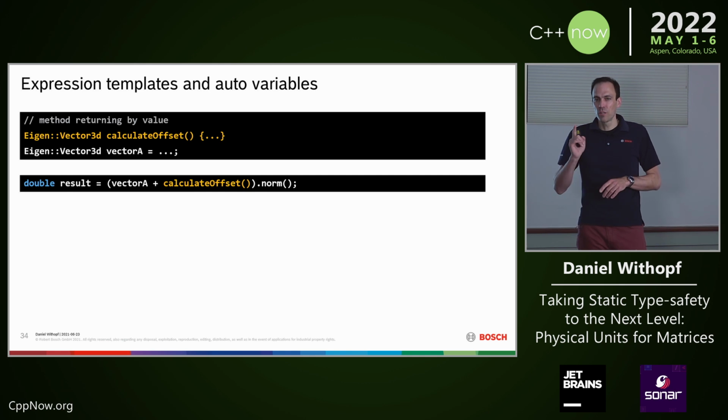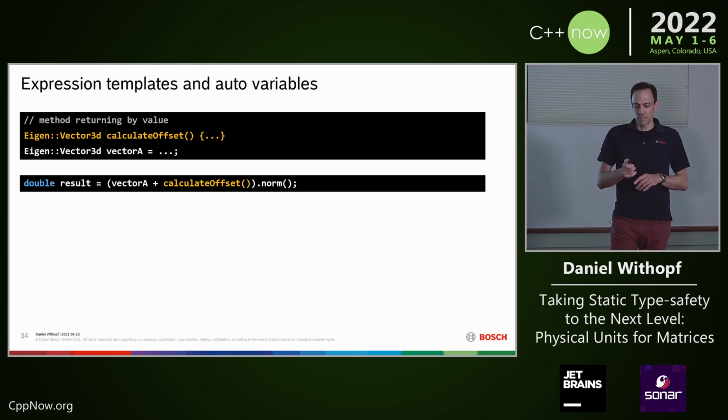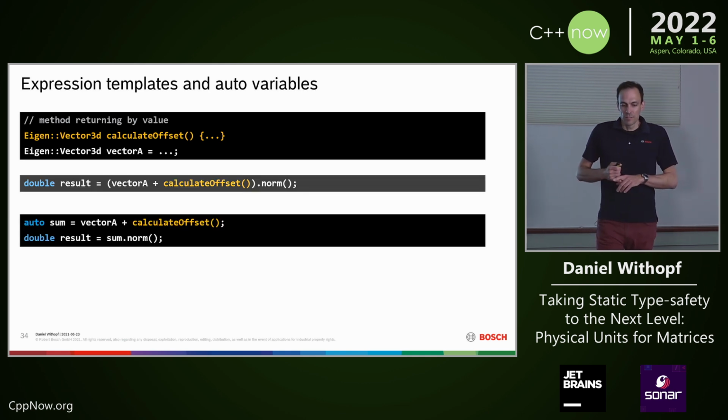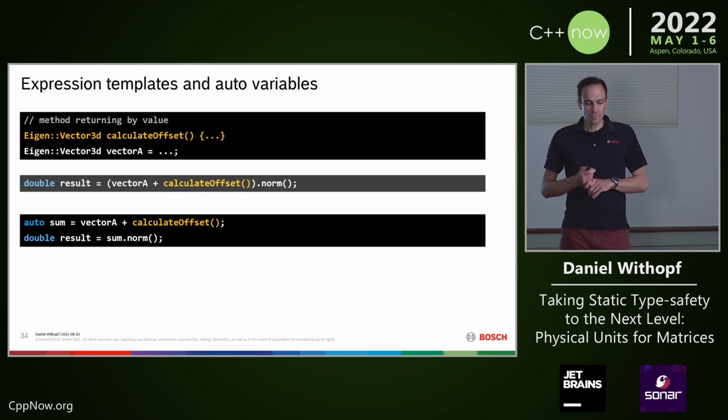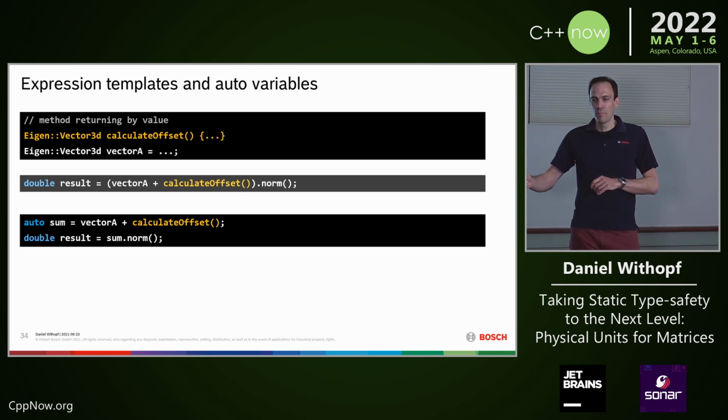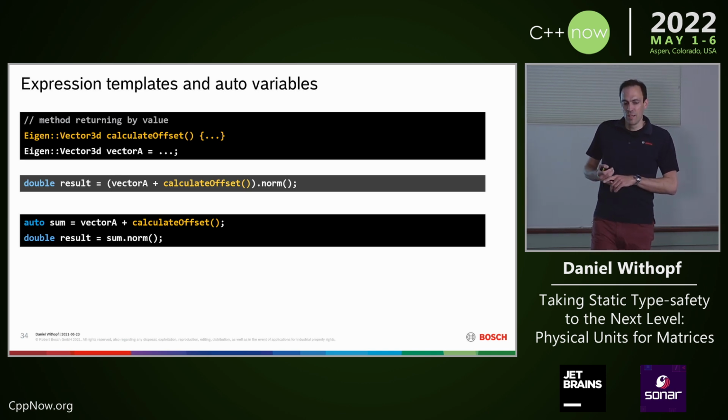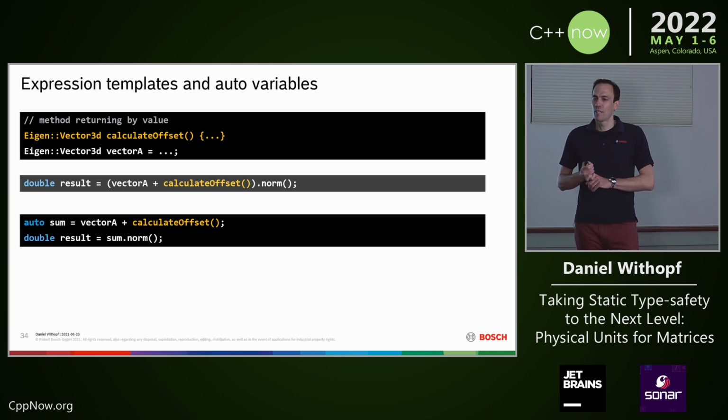But we can change one small thing that makes this break down. If we capture the result of the addition with an auto variable and calculate the norm in the line after, anybody have an idea what happens here, or what the problem is? Does somebody know what the type of that sum variable is?